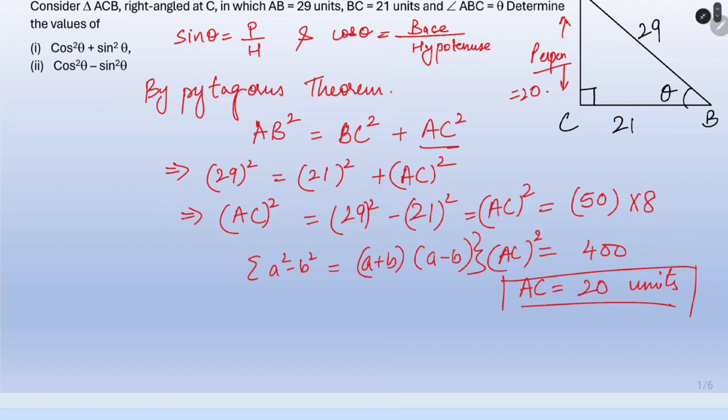So for the first part, cos square theta plus sin square theta. Let me change the color of the pen. What is cos theta? Cos theta is base upon hypotenuse. Base is 21 and hypotenuse is 29, whole square, plus sin square theta. Perpendicular is 20, divided by hypotenuse 29, whole square.